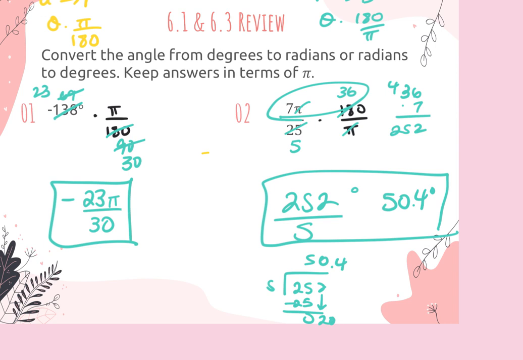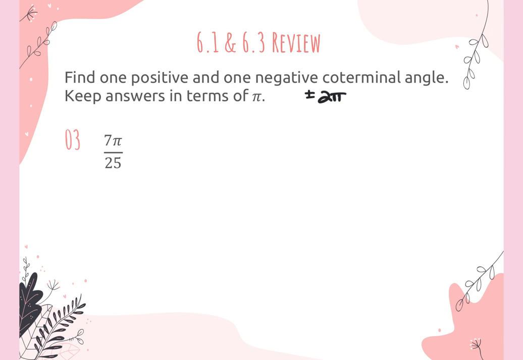Okay, then 3 was you're finding your coterminal angle. So in degrees, we add and subtract 360, but in radians, we add and subtract 2 pi. Most of you wrote that part right, but then be careful because some of you added 1/2 pi instead of 2 pi. So I would add 2 pi, and that becomes 50 pi over 25.